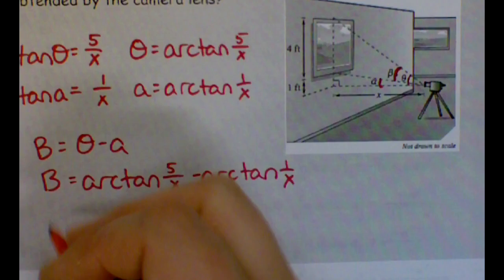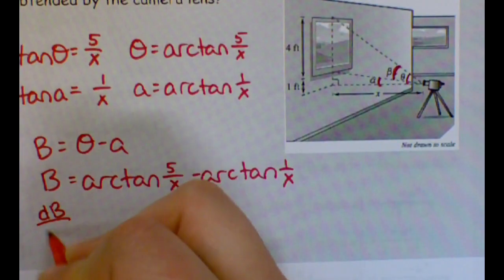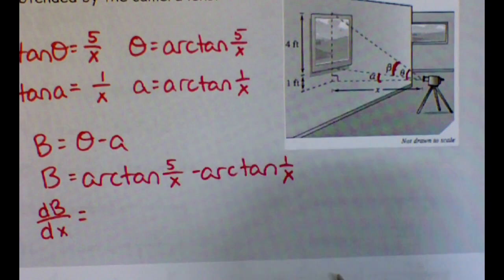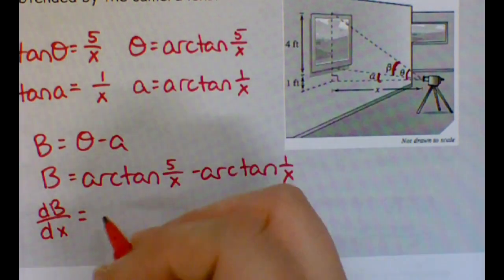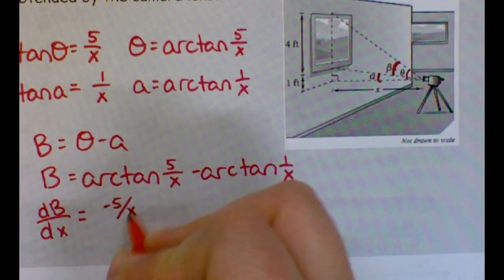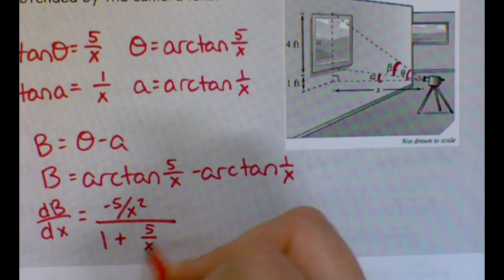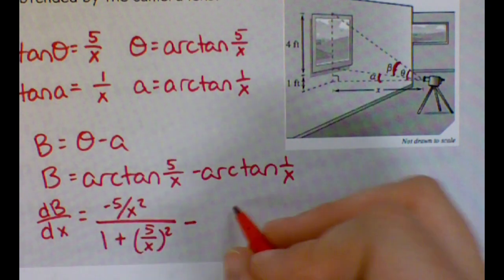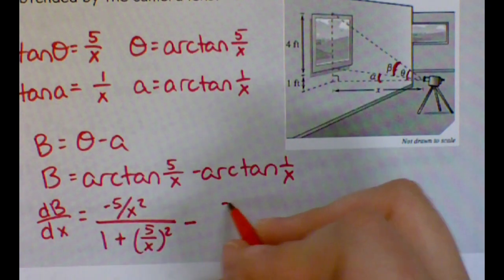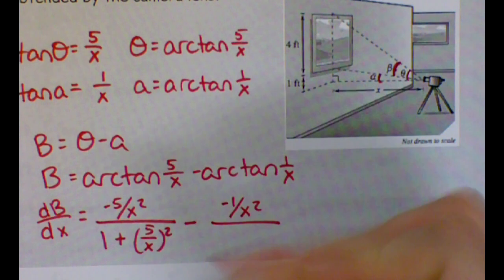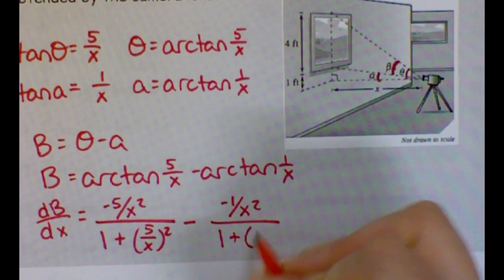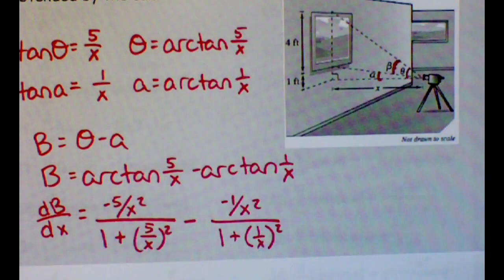To maximize it, we want the derivative, dB/dx. Derivative of arctangent is u prime, so it's negative 5 over x squared over 1 plus u squared, which is 5 over x squared, minus the derivative, u prime, negative 1 over x squared over 1 plus 1 over x all squared.